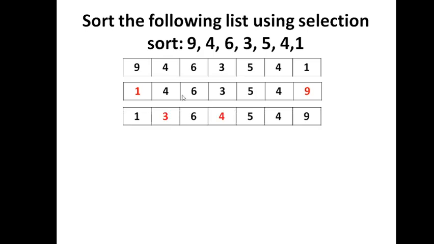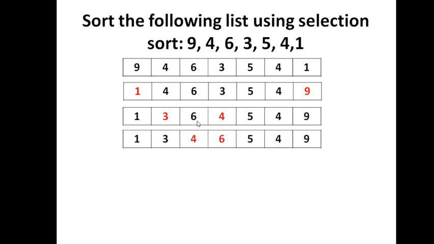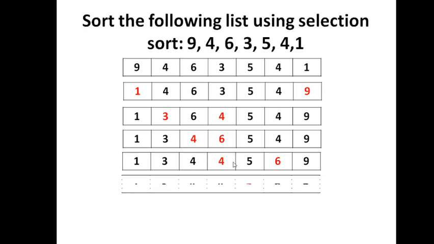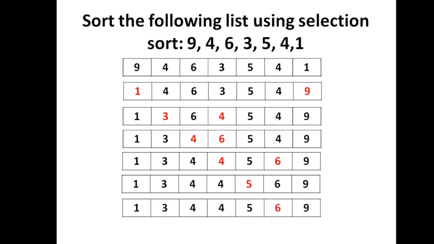Next iteration, 3 gets swapped with 4, then 4 gets swapped with 6, and then 5. And you can also note down that the list gets actually sorted well before n-1 iterations.